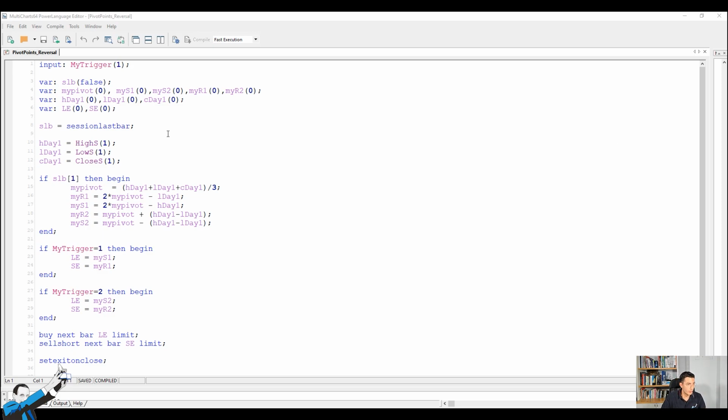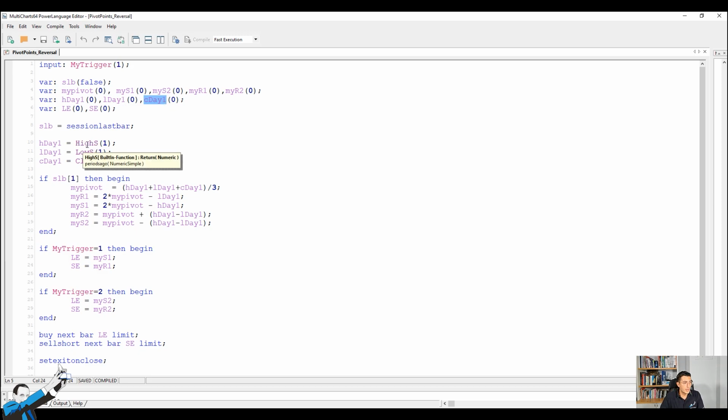There are, of course, some variables here to find the pivot points, so we need variables to calculate all the levels that we saw before, and also the levels that we need to calculate the pivot itself, so the high, the low, and the close of the day before.